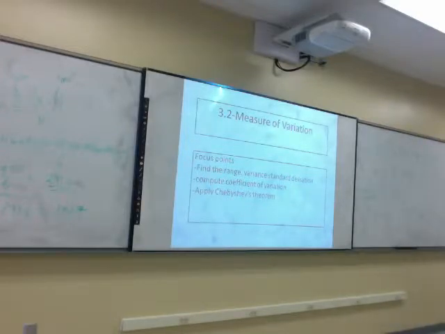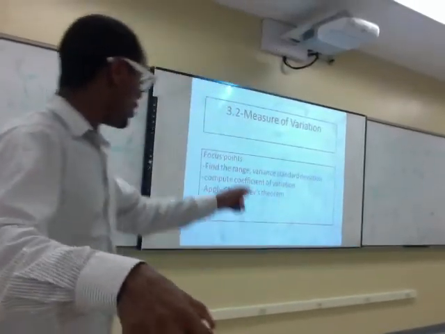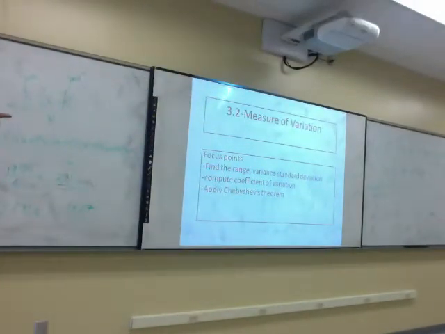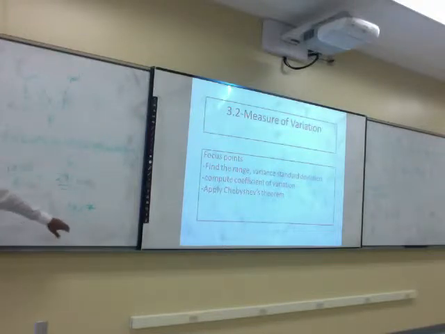Now, take a look at both of them. What can we conclude? What can you say about knowing that you have a standard deviation of 5.5 and 17.07? What can you conclude?